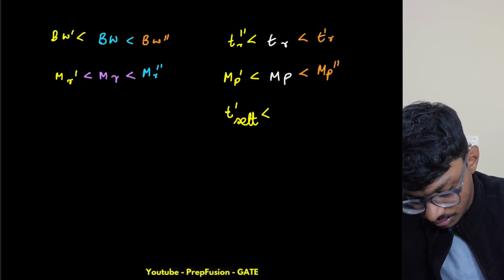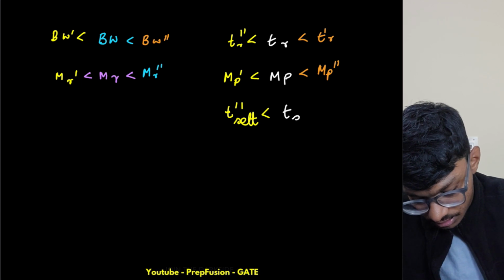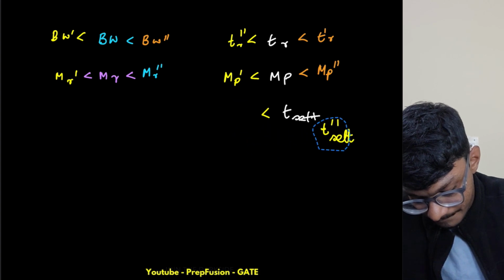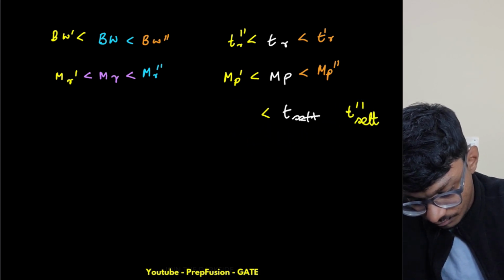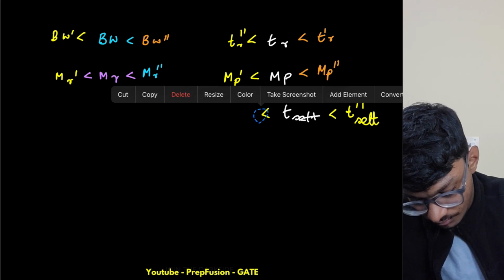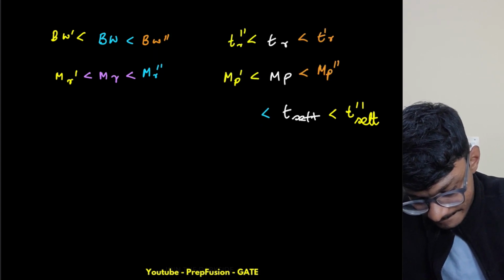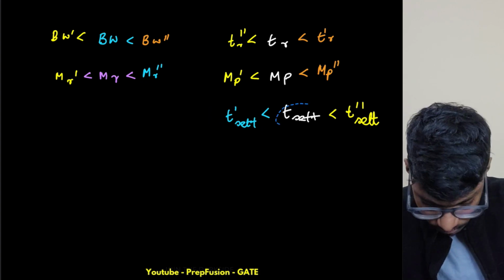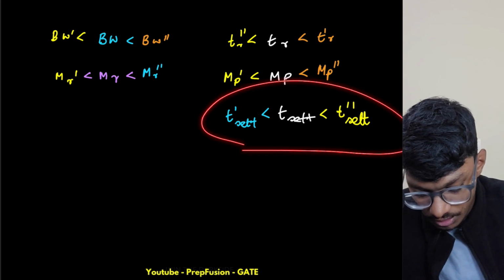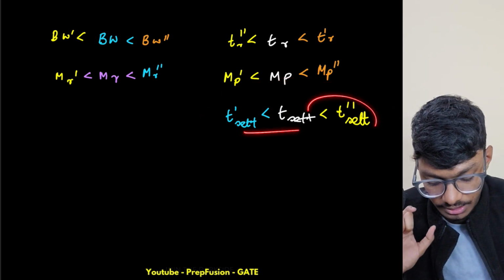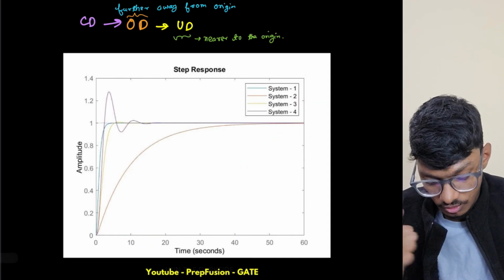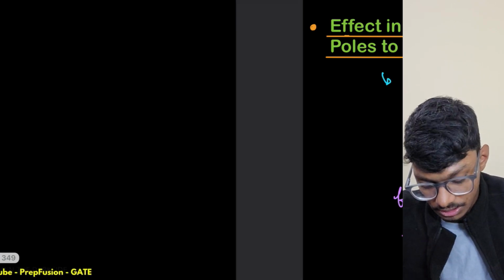Sorry, this will be a double dash, this will be up here on the right hand side. Okay, so my settling time will here increase. So this will reduce and this will increase. But for a zero, the response becomes much faster. Settling time reduces there. We will observe that.